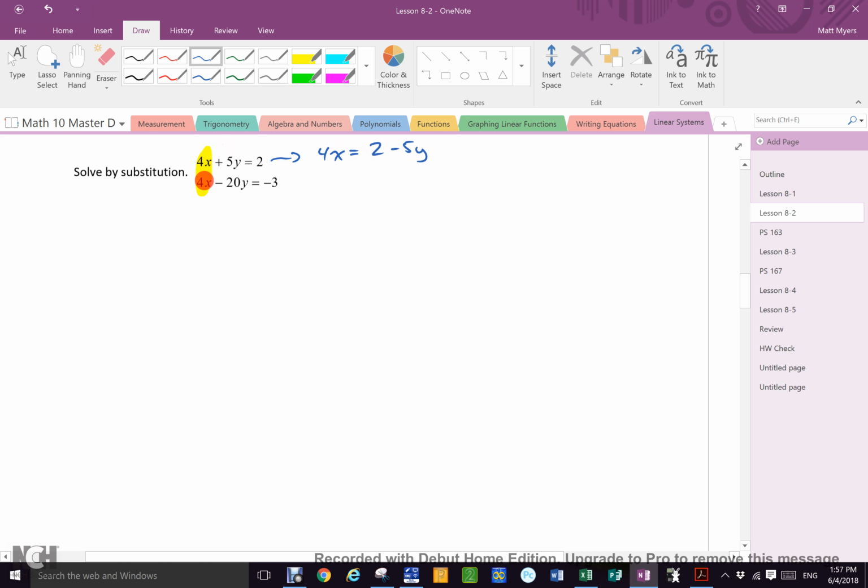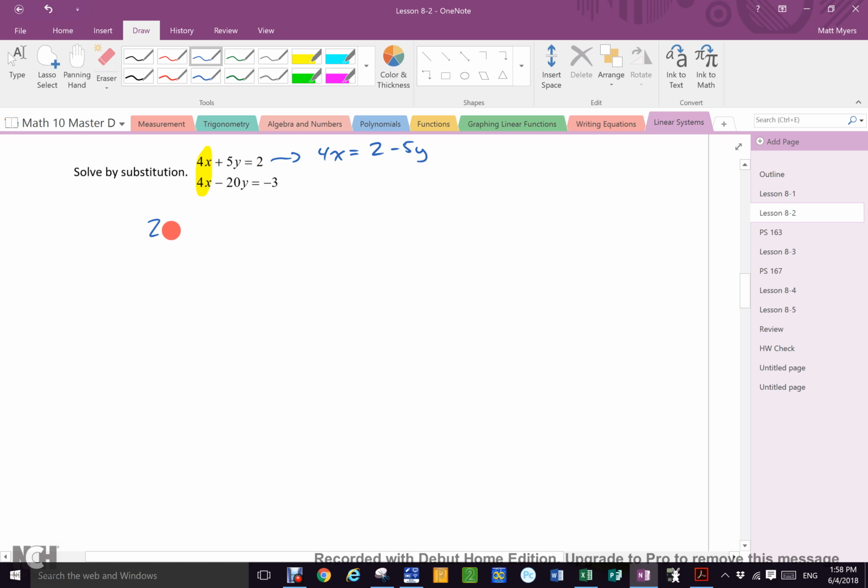What do you see right there? What is 4x? 2 minus 5y. Does everybody see what I did there? When they're the same, this is a handy-dandy little shortcut.